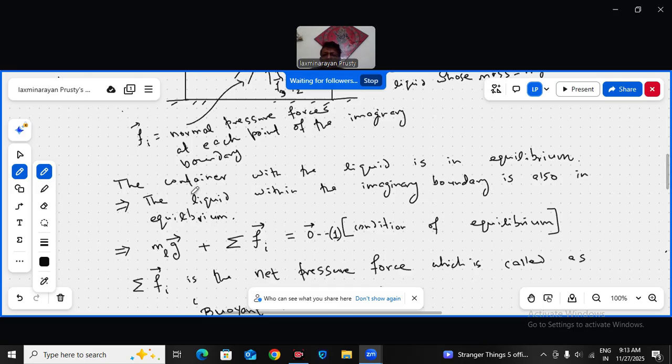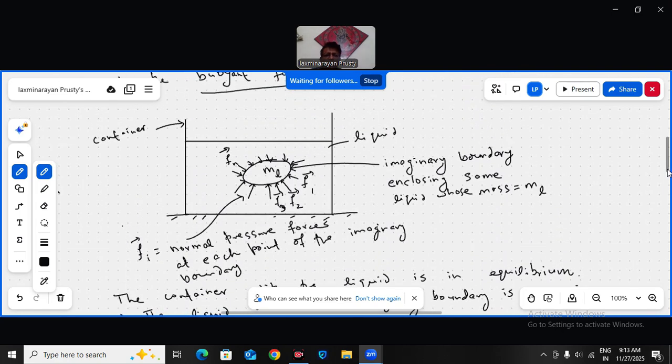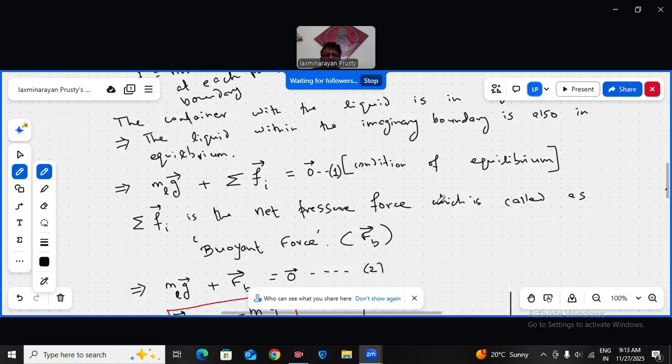From the condition of equilibrium, the net force on that element should be 0. The forces are, one is gravity force ml g bar downward, and the sum of all the small f's. I wrote it very clearly here. From the condition of equilibrium, ml g bar plus sum of Fi is null. That is equation 1.